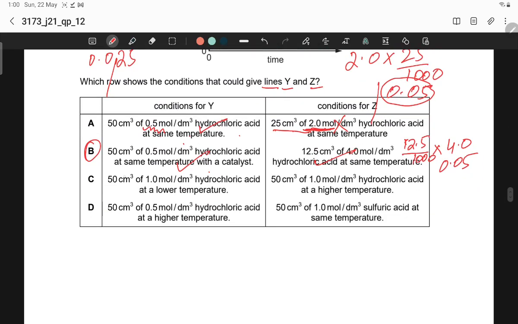So this is 0.05 moles, so this is incorrect. 50 cm³ of 1 mole, this is again 0.05, incorrect. 50 cm³ of 1 mole per dm³ H2SO4, this is HCl and this is H2SO4. This is further reduced because 2 moles of hydrogen ions are there. So this is also incorrect.